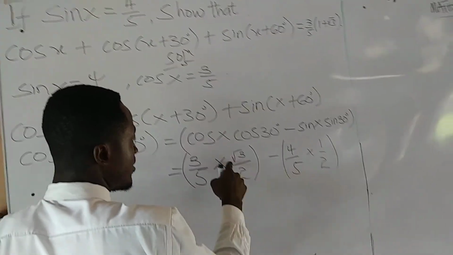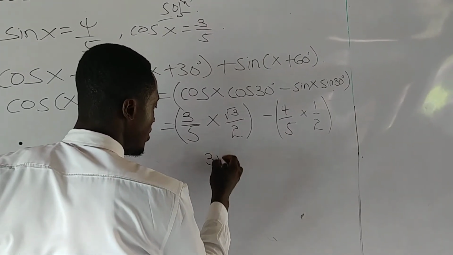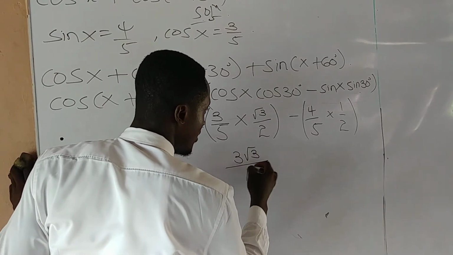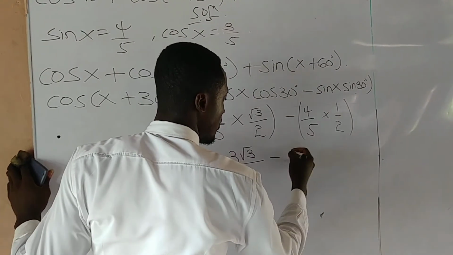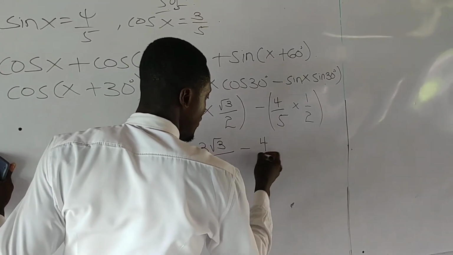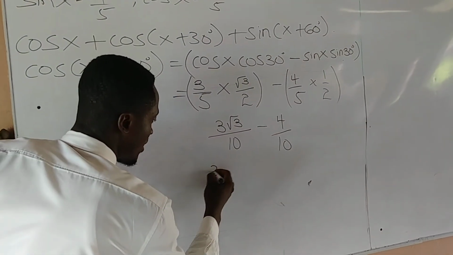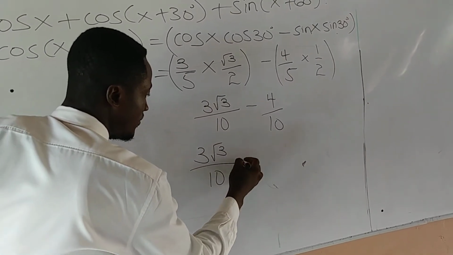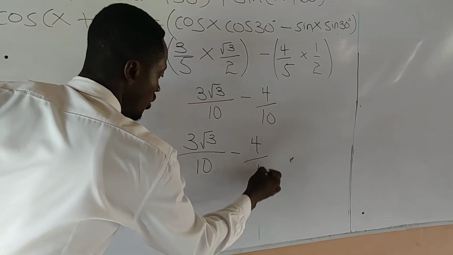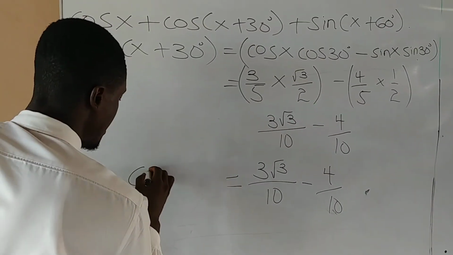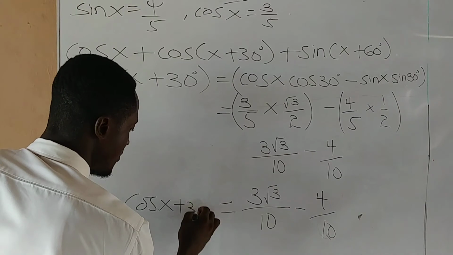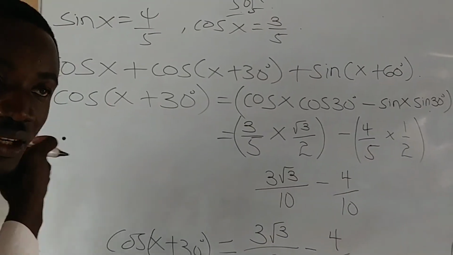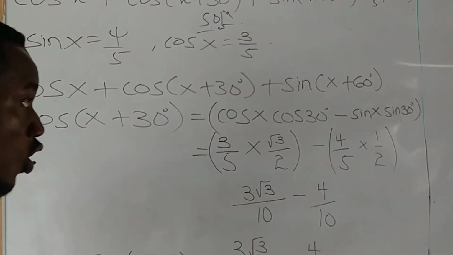So 3 times root 3 will give us 3 root 3 on 5 times 2, 10. Bring minus 4 times 1 will give us 4, 5 times 2 will give us 10. So cos(x + 30) gives us 3 root 3 on 10 minus 4 on 10.